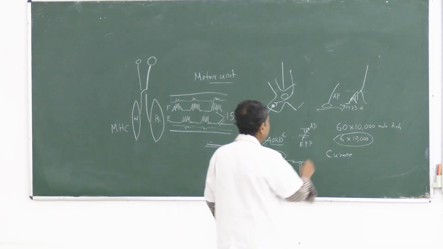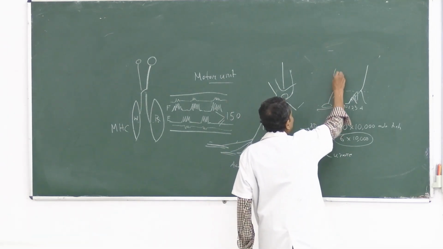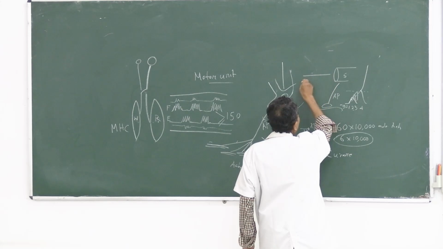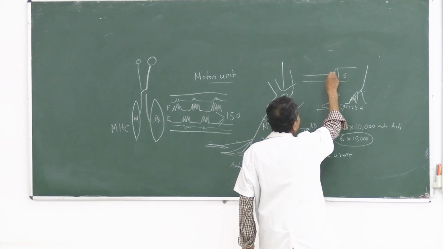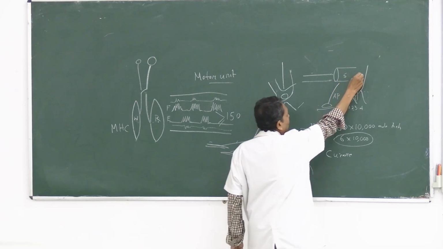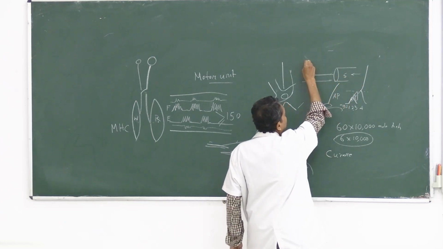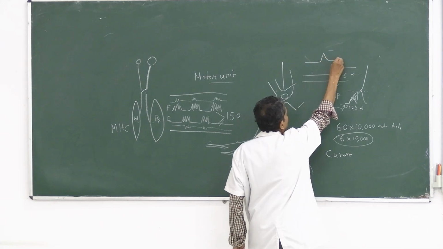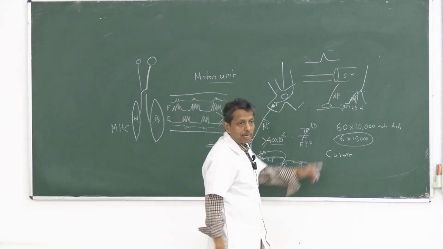Suppose it is a secondary induction coil and it is the primary induction coil. And it is coming from this direction, and in that position suppose there is a weak contraction of the muscle, mechanically recorded.